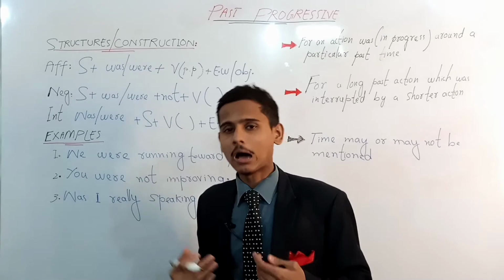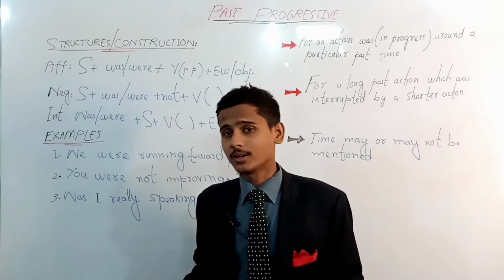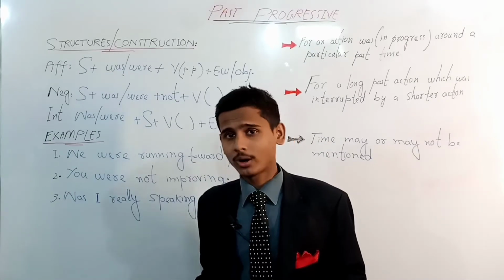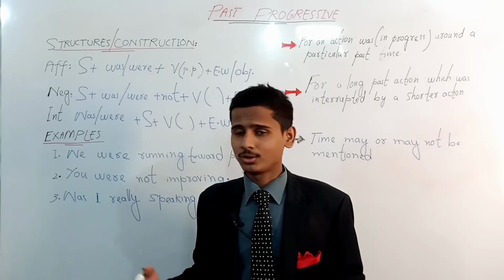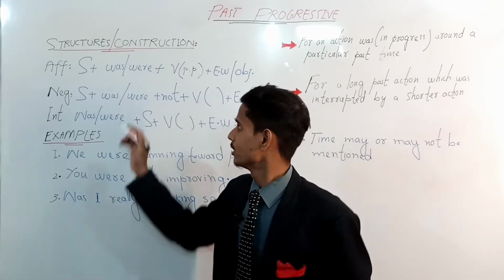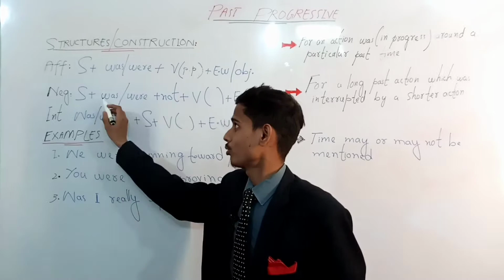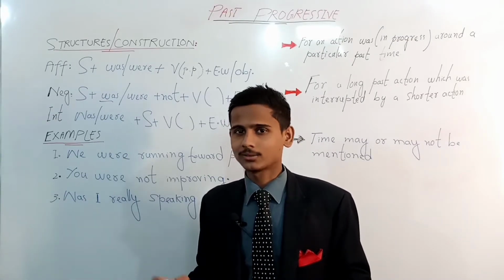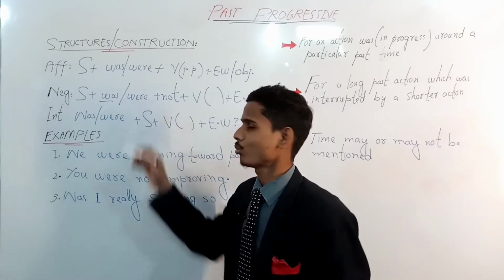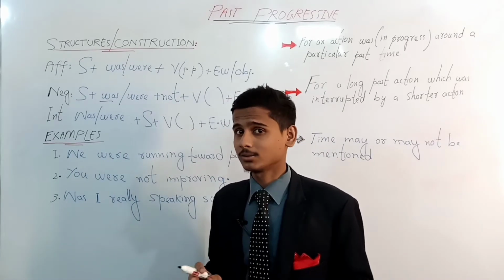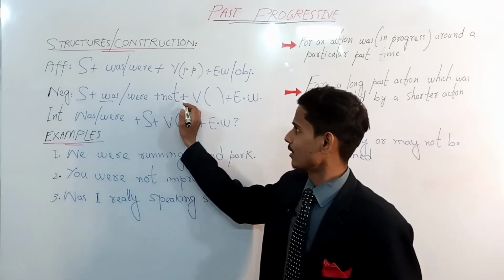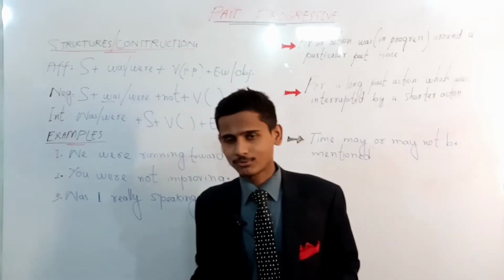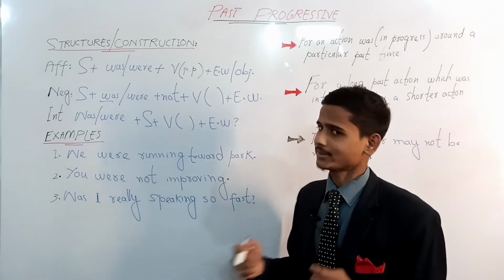If there is I, she, he, or any singular name, you will surely use was. And if there are other subjects or pronouns, you will use were, if there are no exceptions. Plus not, plus the present participle form of the main verb, and then an extra word.